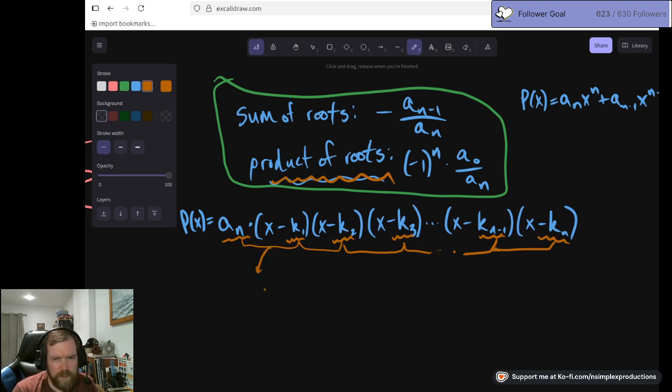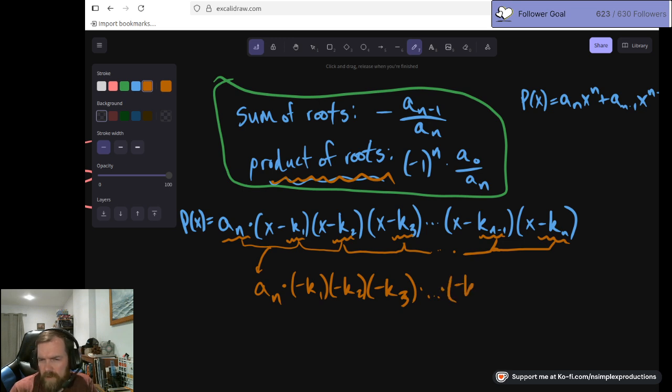That is then going to get us a sub n times negative k1 times negative k2 times negative k3 times ... times negative k sub n minus 1 times negative k sub n.